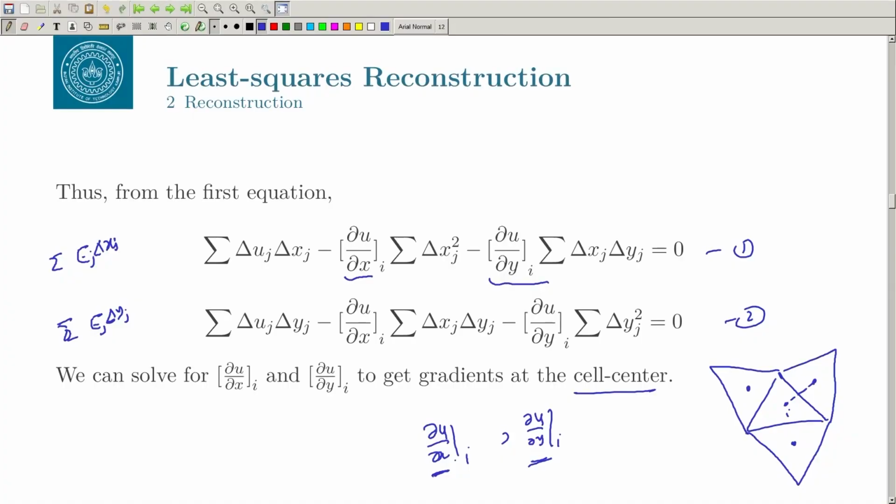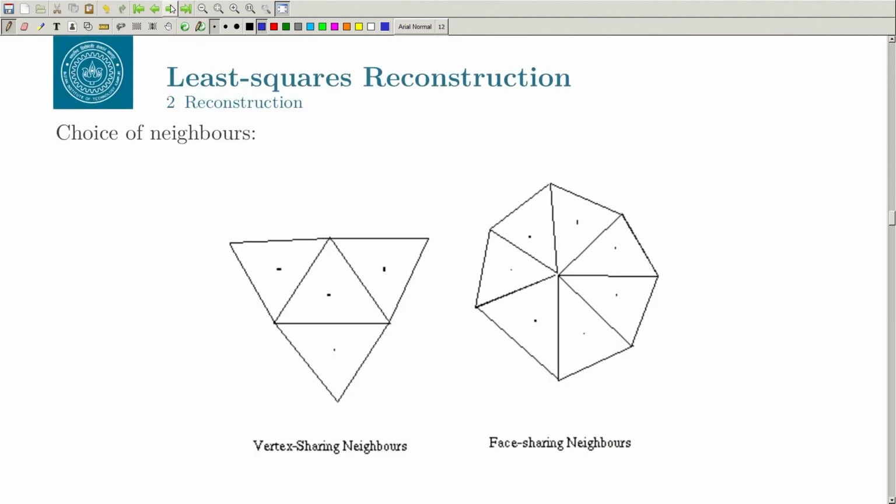Similarly, you can have hexahedral and polyhedral cells. So, you will have more neighbors, and using all those neighbors you can calculate all 3 gradients at each cell center, and then proceed for all the cells that you have.